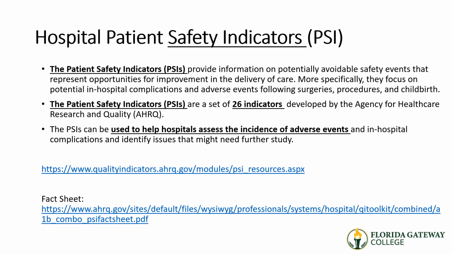Any bloodstream infection or sepsis related to a central venous catheter, any post-operative hip fracture in the hospital from a patient fall, any perioperative DVT, deep vein thrombosis, or pulmonary embolism that happened in the course of surgery, any post-operative wound dehiscence or opening of the surgical wound, and so on and so forth.